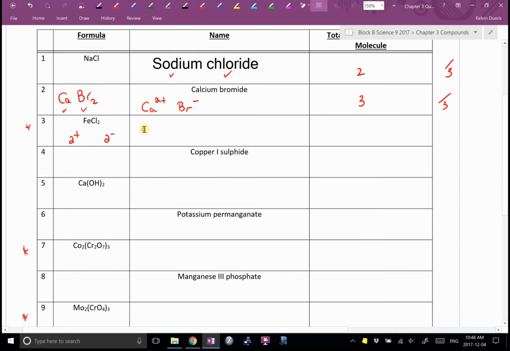So it's going to be iron 2 chloride. 1 mark for the iron 2, all or nothing. 1 mark for the chloride. If you missed the Roman numeral, no dice. And this molecule has 3 atoms.